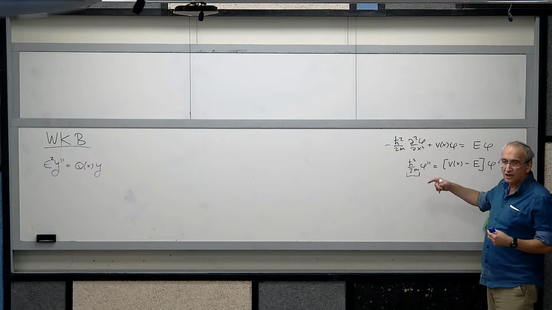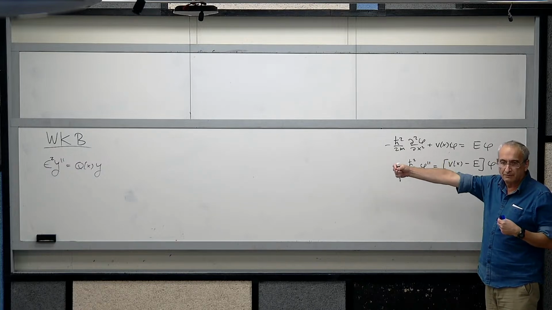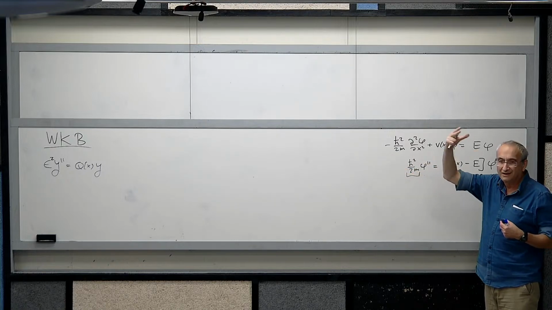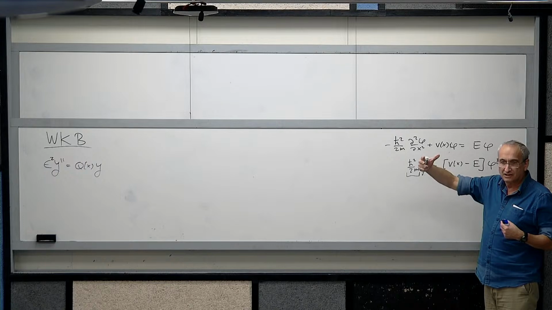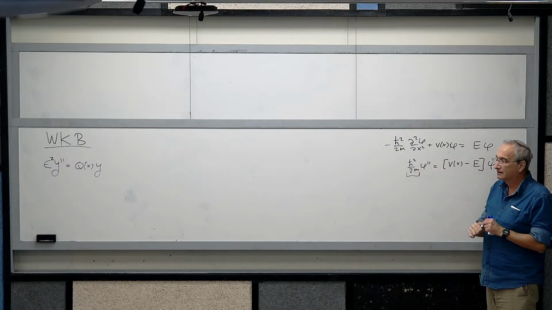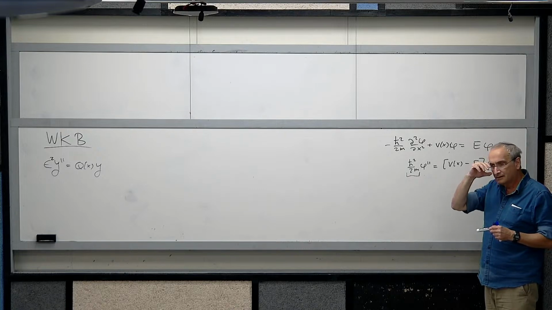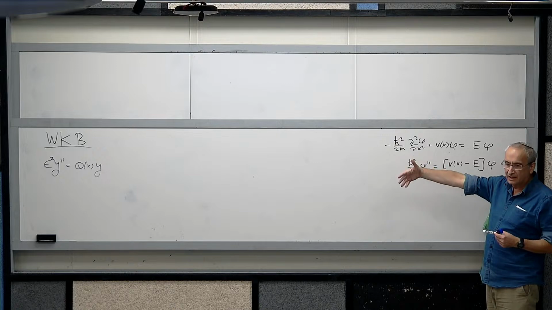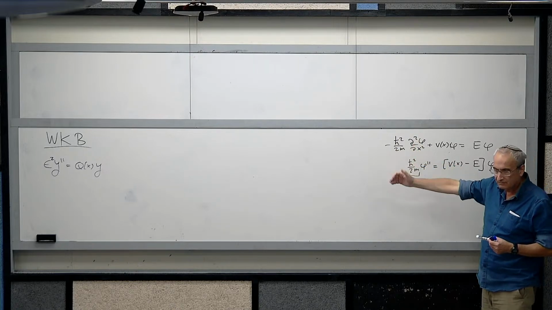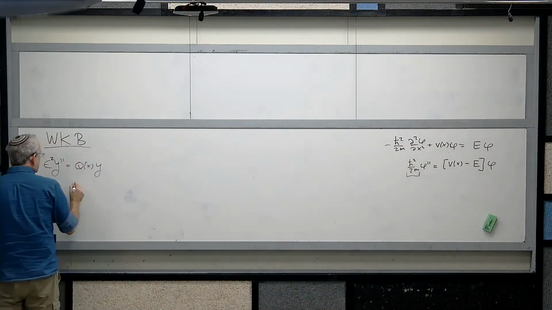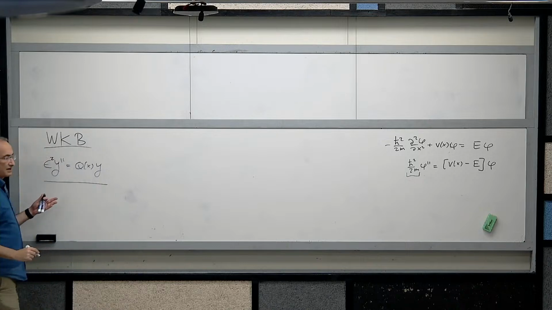So h bar going to 0 is like approaching the classical limit. This is why it appears in the semi-classical analysis of the Schrödinger equation. In the WKB theory, we will always assume that epsilon is small. WKB theory is an expansion for small epsilon, valid for small epsilon. So this was an introduction, and now what the technique is.